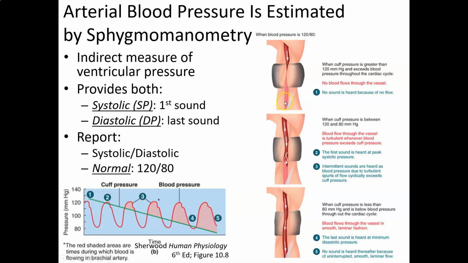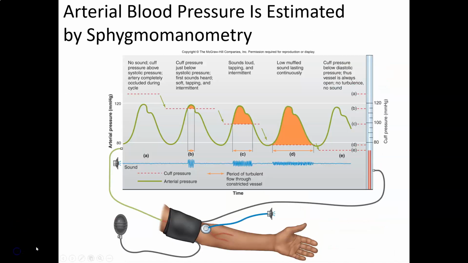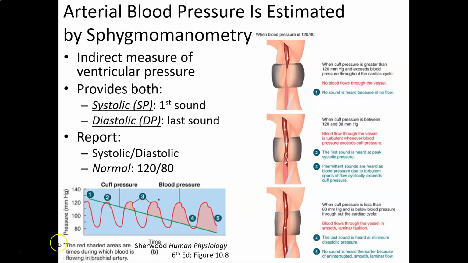We have the stethoscope down here, so let me go back, wrong button. We would have the stethoscope right in here. This is what we would be measuring with. And what we're actually listening to is the blood flow. Now, when we listen to the blood flow with the stethoscope, if we put it on normally without any cuff or anything, we don't hear anything.